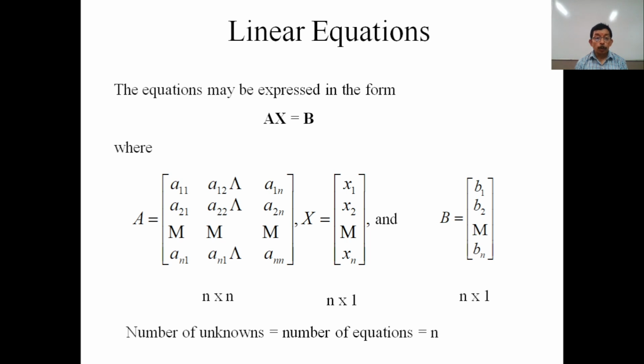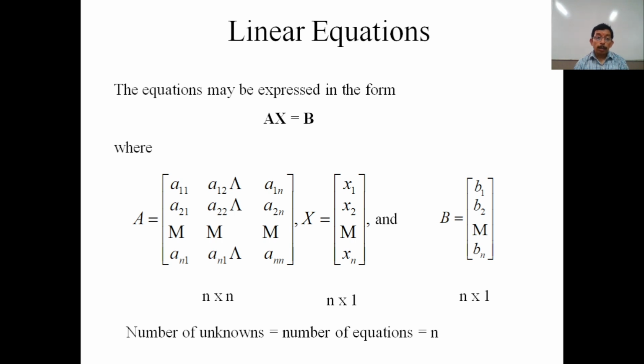where A is the coefficient matrix of the equation. Suppose there are m equations, then the coefficients of the unknowns: the first equation has coefficients a11, a12 and so on up to a1n, and the second equation has coefficients a21, a22, a23 and so on up to a2n.